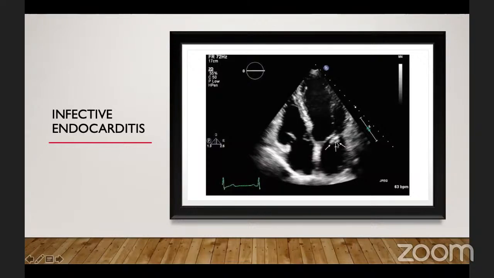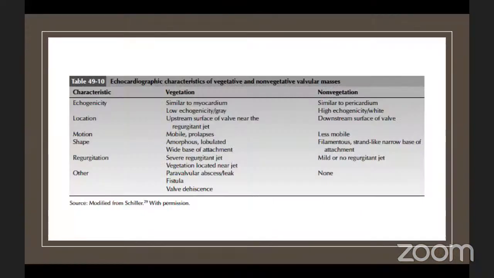So a vegetation, and I think even for thrombosis, the same concept will apply for thromboembolic pathologies. So echo will be very helpful in assessing and differentiating these kinds of pathology.